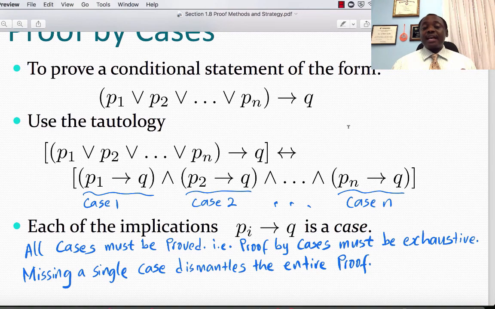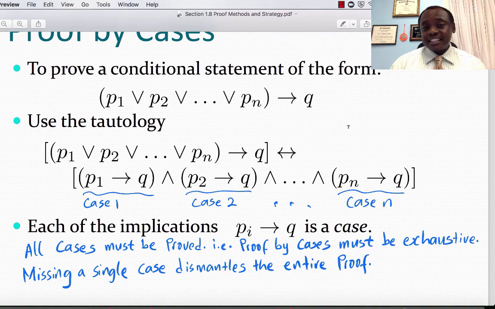If I verify that it holds for the first 4 elements in the set, and I do not prove or verify that it holds for the 5th element, my proof is not solid. It's not strong enough. Somebody can say, what happens if it doesn't hold for the 5th element? So that dismantles the entire proof. It has to be exhaustive.